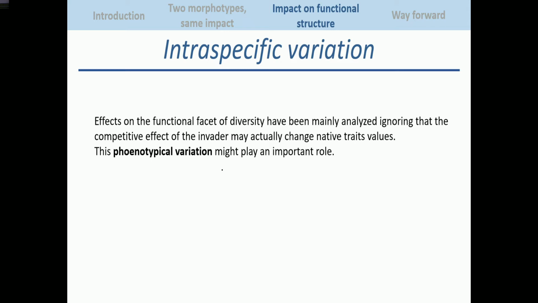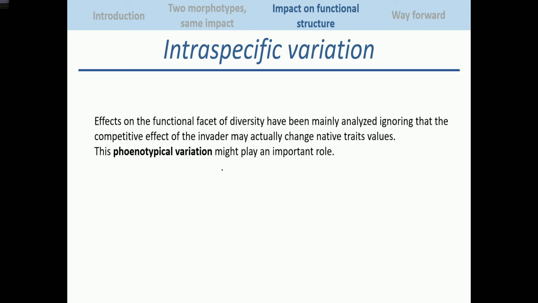So I was wondering, because of this plasticity, let's call it plasticity, even though it's not exactly plasticity, whether this intraspecific variation might be important for the competitive outcomes in a community.